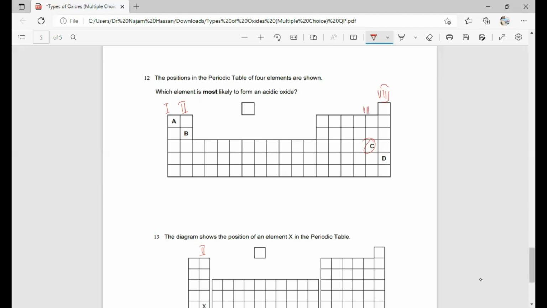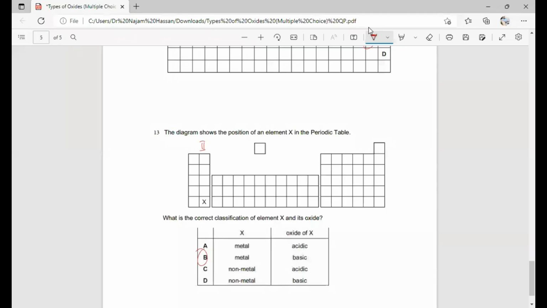This is group number 7. So these elements can form acidic oxides. Now the diagram shows the position of an element X in the periodic table. So definitely this is group number 2. Group number 2 is a metal, and metals always form basic oxides.